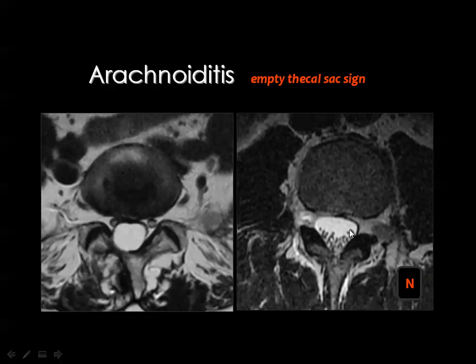This is the normal appearance of the cauda equina nerve roots in the axial T2 weighted image. They are usually located posteriorly because the patient is lying on his back. In cases of arachnoiditis, you cannot identify the nerve roots inside the thecal sac because they are adherent to the inner wall of the thecal sac, and this is what we call the empty thecal sac sign.